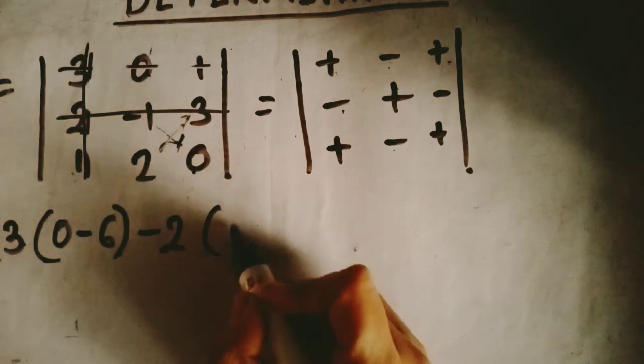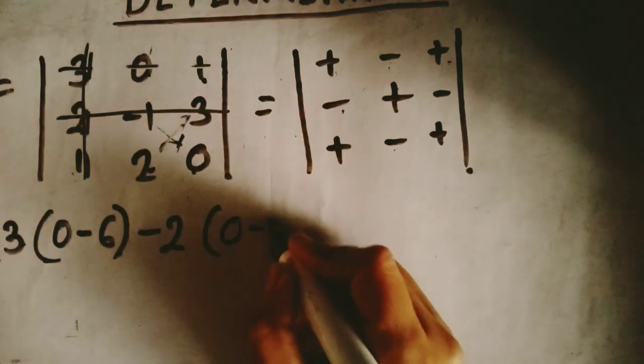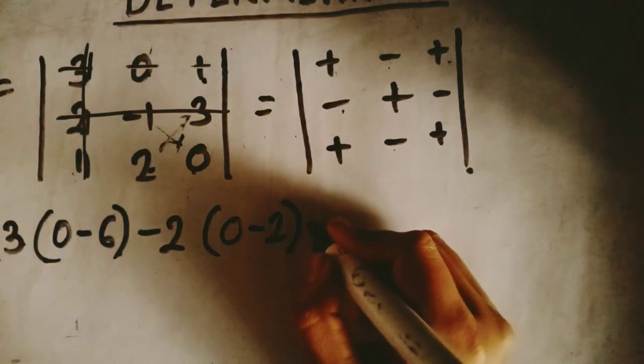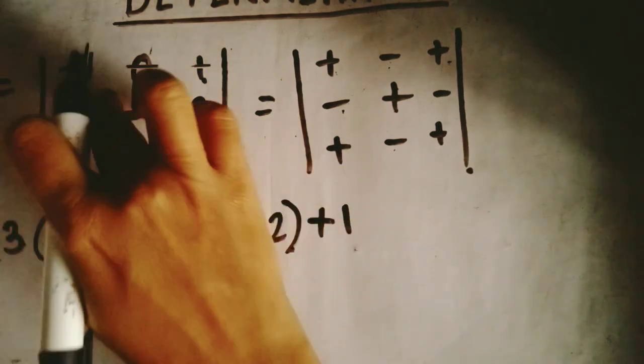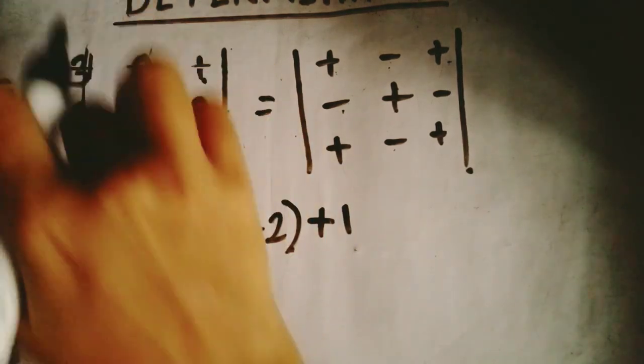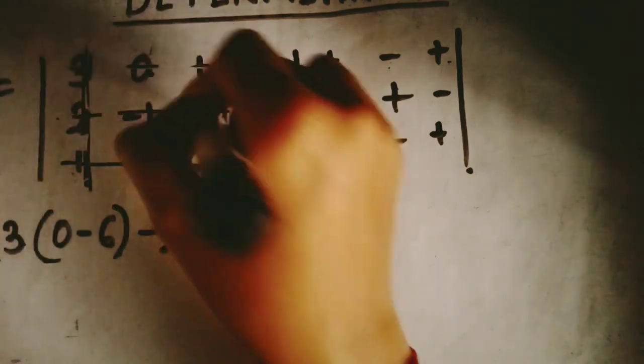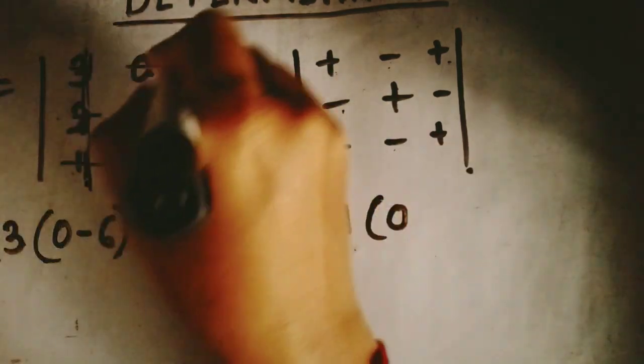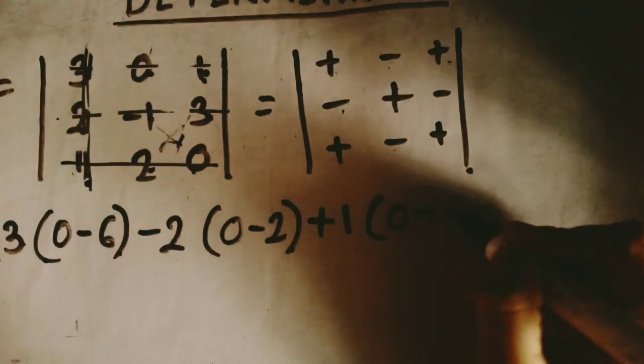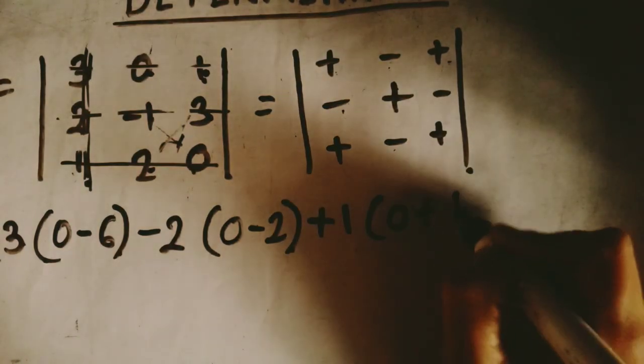So 0 into 0, 0, minus 2. Plus 1, the last number. Strike out this row and this column. So 0 into 3, 0, and minus into minus 1. So this becomes plus 1.